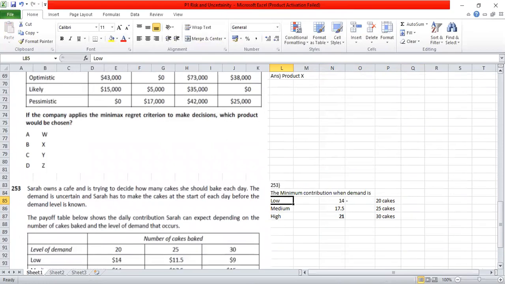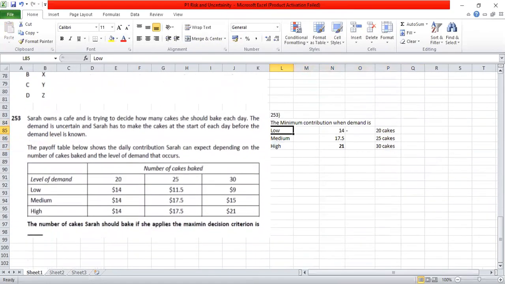Let's highlight the minimum returns. When demand is low, the minimum is 9. When it is medium, the minimum is 14. When it is high, the minimum is again 14.